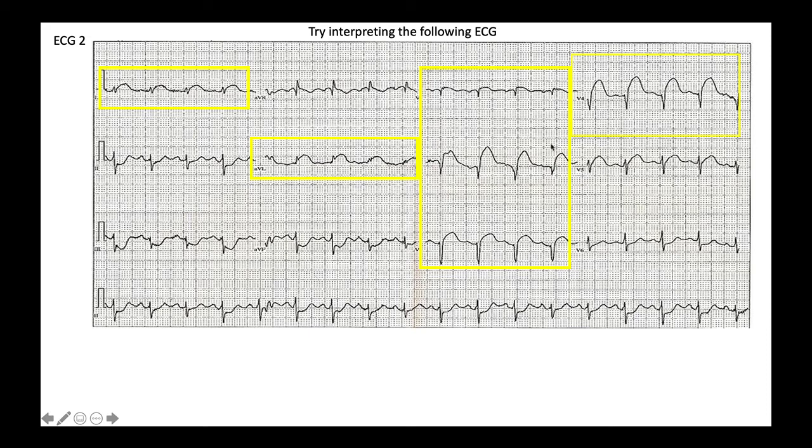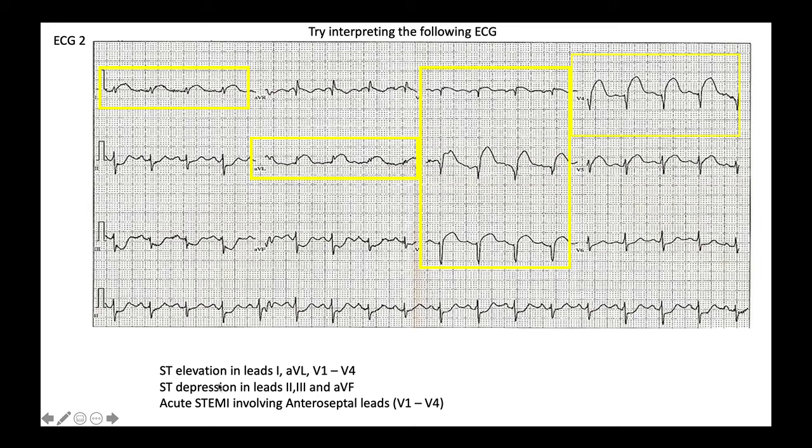So what we can say for sure is there are ST elevations in your septal and your anterior leads. So there's an anteroseptal MI, but you also have a high lateral involvement in 1 and AVL, and this is possible when you have a left anterior descending artery involvement, and probably its diagonal branch was supplying the high lateral wall, which has resulted in ST elevation in 1 and AVL.